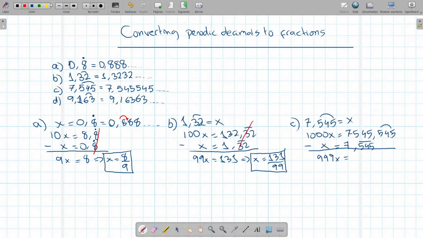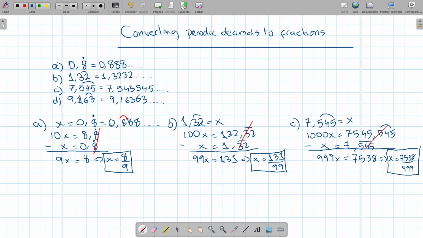Again, the part that is repeated is the same, so we can subtract that, and we get 7545 minus 7 is 7538, and then x equals 7538 divided by 999, which, if you check in the calculator, cannot be simplified, and it will give you the result that we need. Check in the calculator if you want.